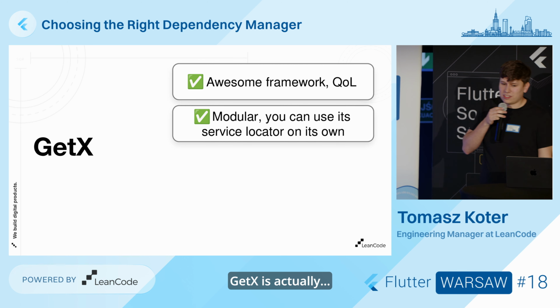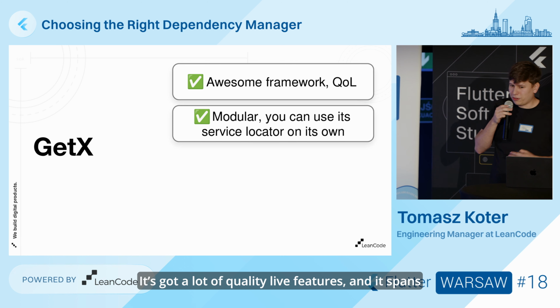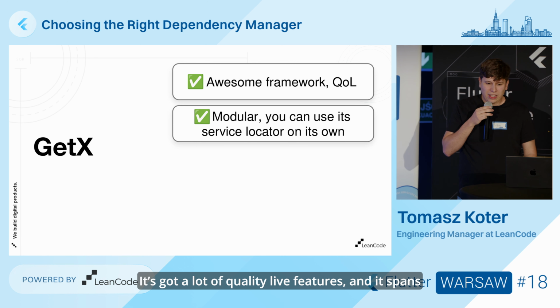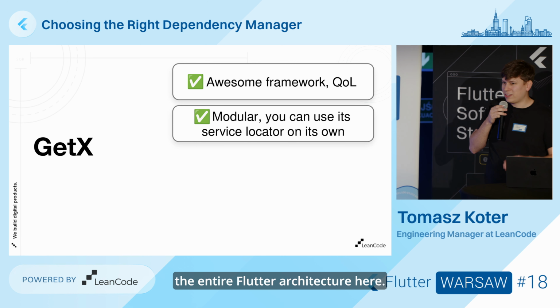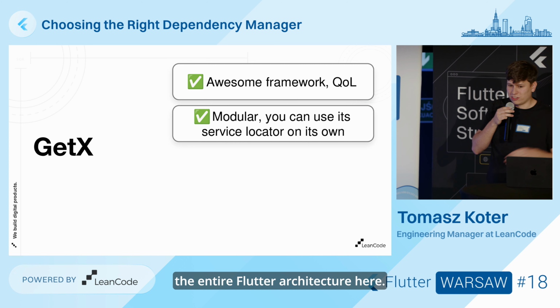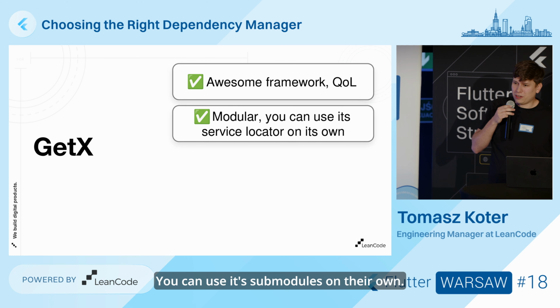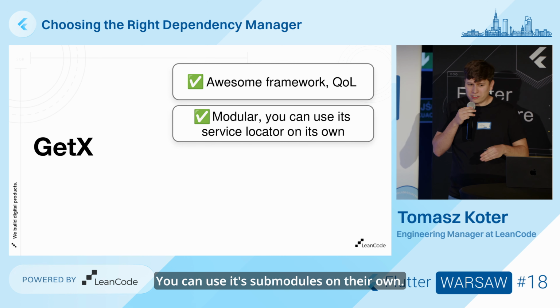Now on to GetX. GetX is an awesome framework. It's got a lot of quality of life features, but it spans the entire Flutter architecture. But it's also modular. Unlike what most people think, that it's bloated, you can use its submodules on their own.